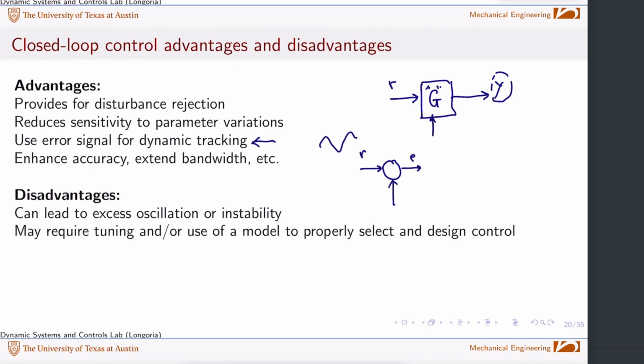You might be trying to track something, so you can do that now with feedback control. Also, it turns out that when you close the loop, you actually change the performance of your system. You can change how your system performs, and that's at a cost, right? Because you are, and I'll show that later in the diagram, putting power into the system, and you're changing the system effectively by closing the loop.